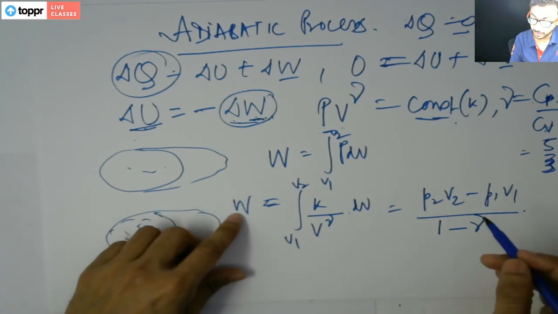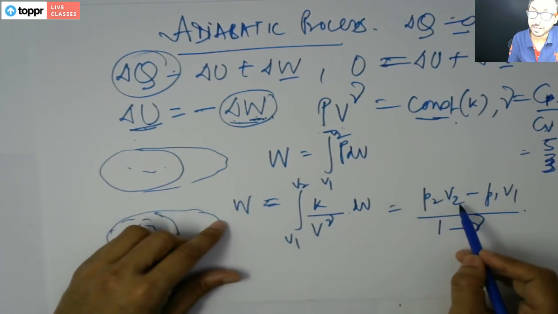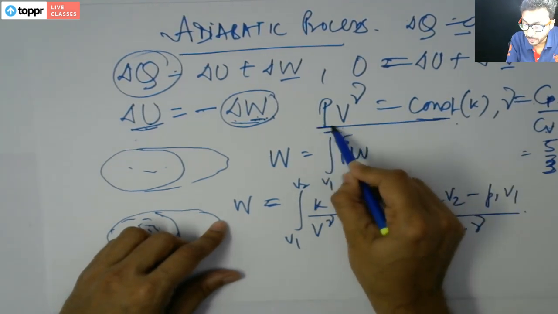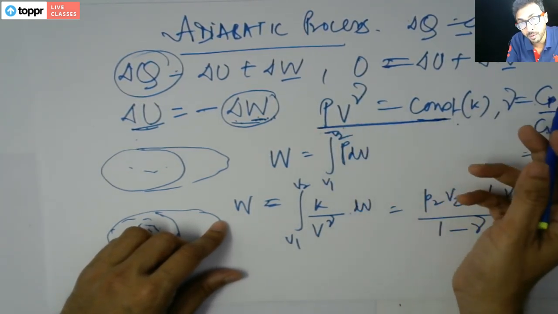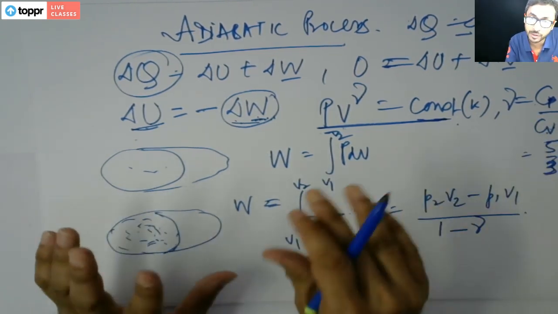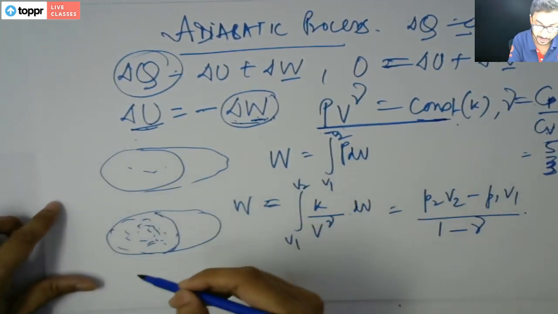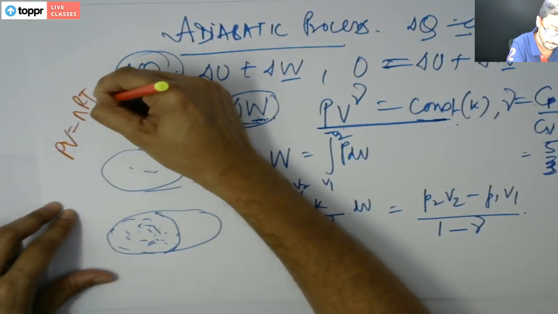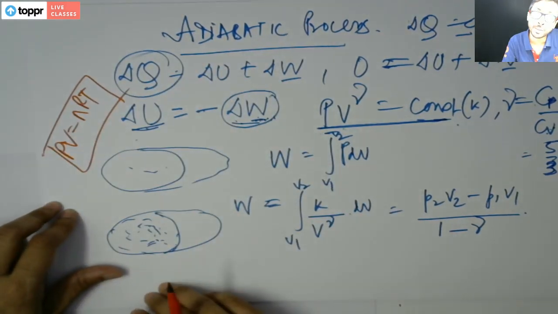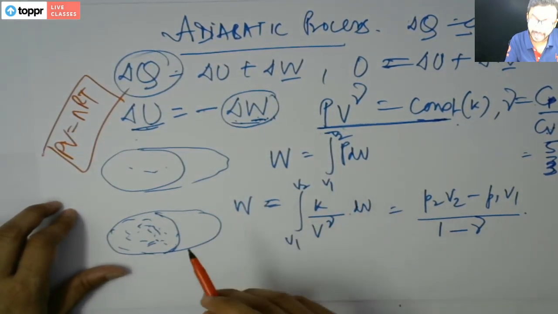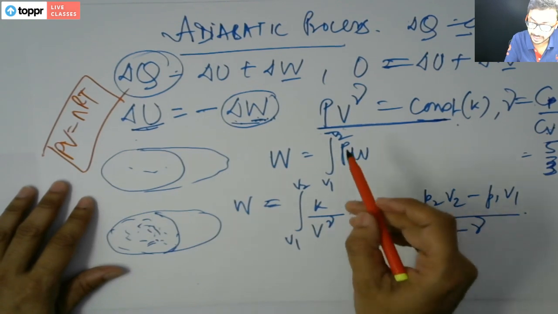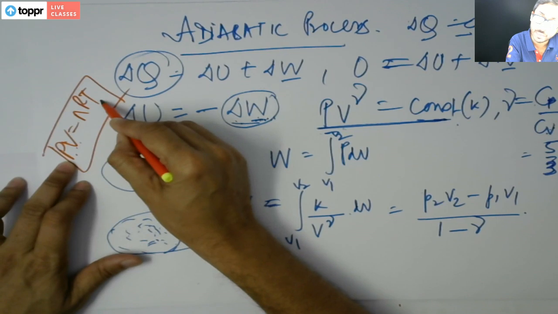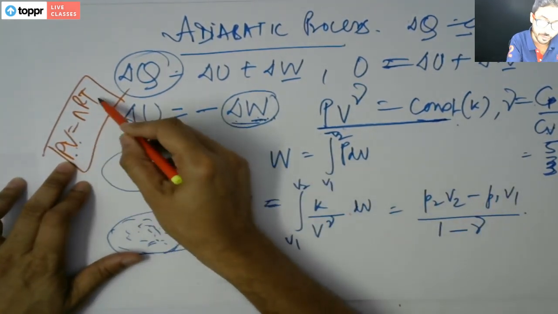Or see, P2 V2 is nothing but nRT2. Always remember, this equation can be different, PV to the power gamma equal to constant, or PV equal to constant, depending on the process, but the ideal gas equation, that is PV equal to nRT, is always true. So in an adiabatic process, when the state at 1 is P1 V1 T1, at 2 it is P2 V2 and T2.